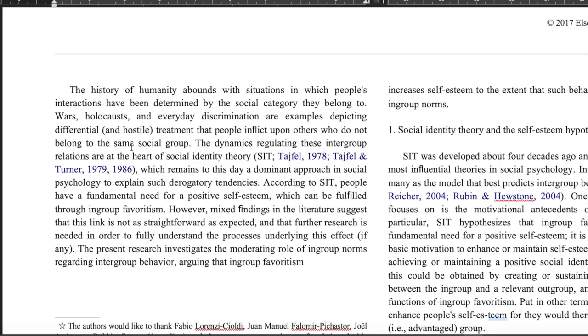This part talks a bit about some context. The author makes mention of wars and Holocaust and everyday discrimination as examples of the phenomenon that the author is interested in. Essentially, in-group favoritism is a form of discrimination: if you favor your own group, and as a consequence treat members of the outgroup differently, that is a case of discrimination.